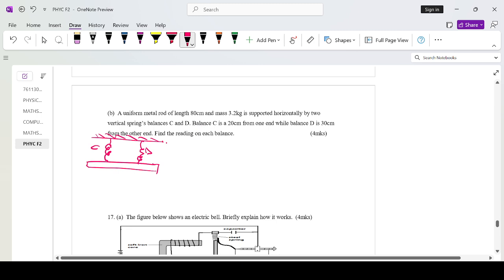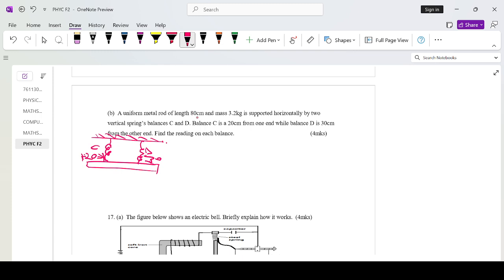Balance C is 20 centimeters from one end, meaning from here to here is 20. While D is 30, so this distance here is 30. So what is the reading? This is simple.